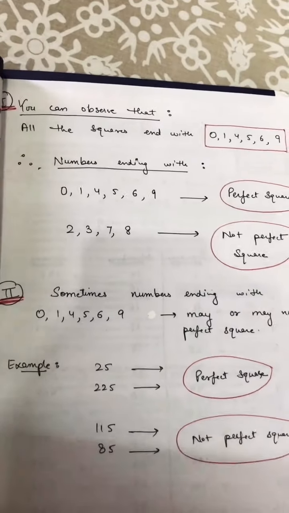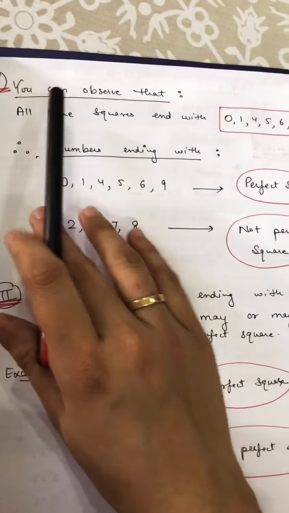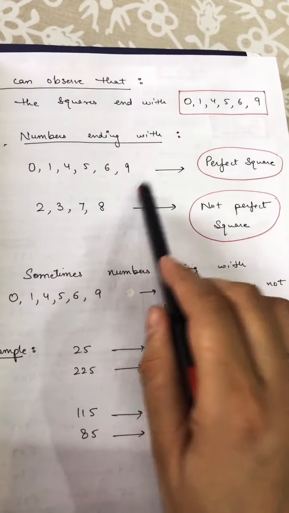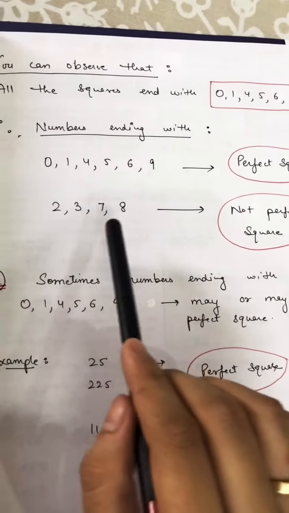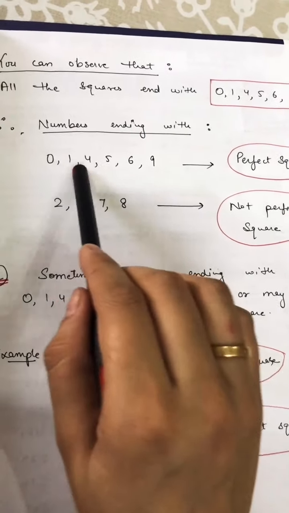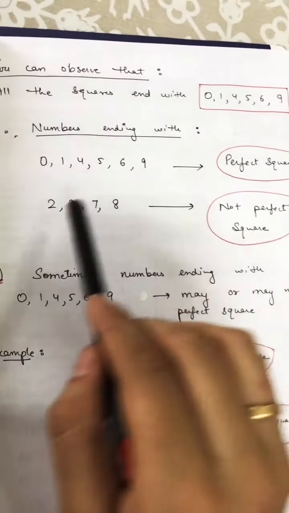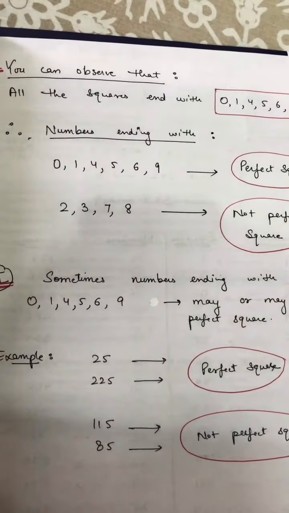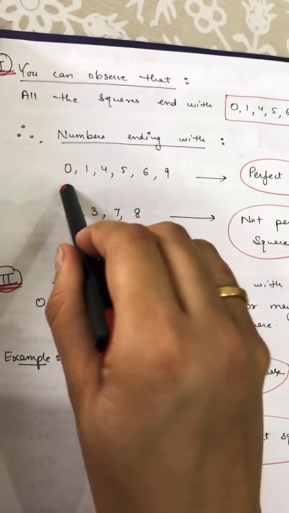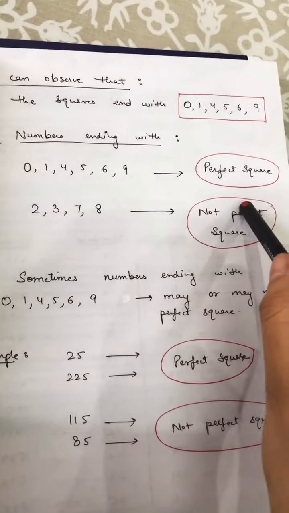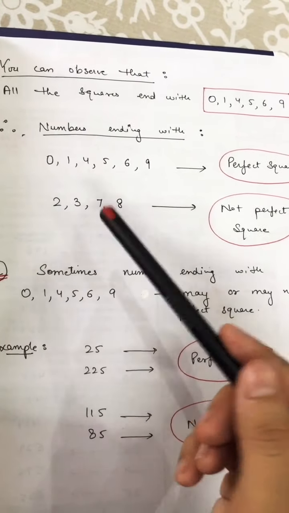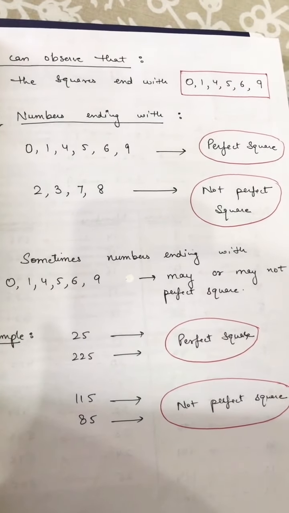So this is the first rule I have told you. Numbers ending with 2, 3, 7 or 8 are not perfect squares.